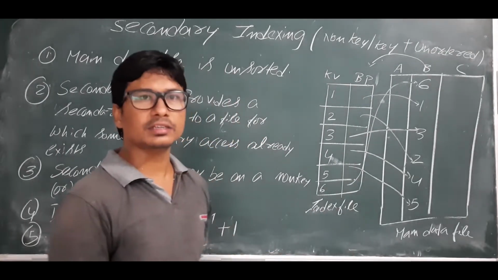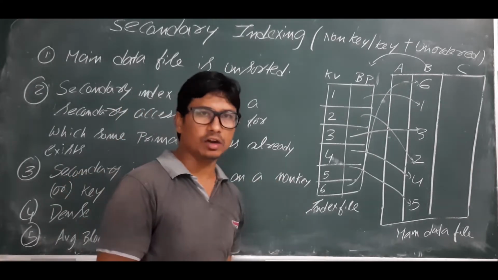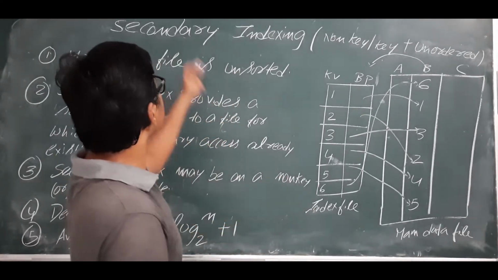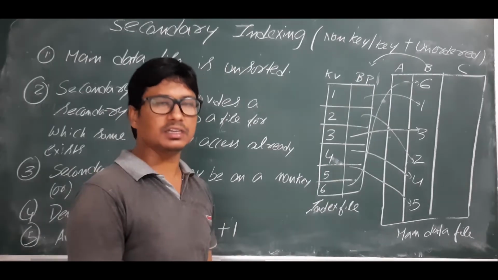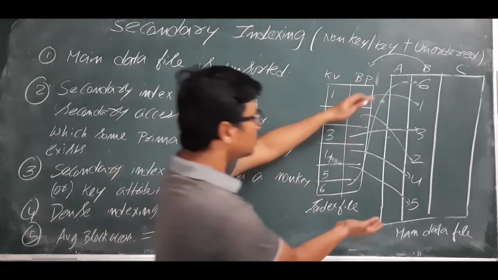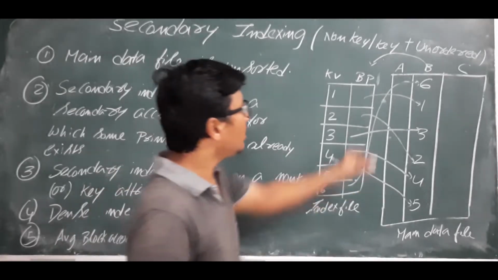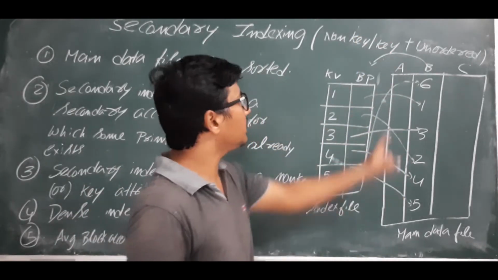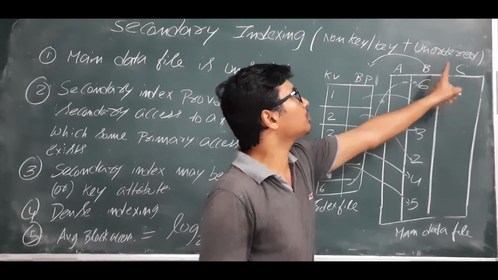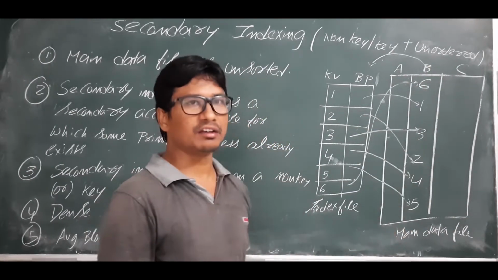The point is correct, but the reason the data file is unordered in secondary indexing is that there is already a primary indexing on this data file. Let's take this example: we have attribute A, attribute B, attribute C in the data file.